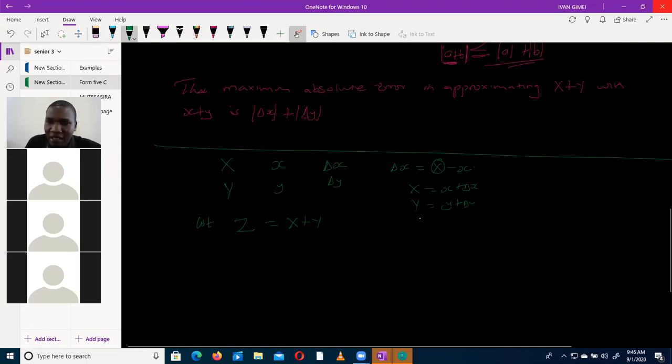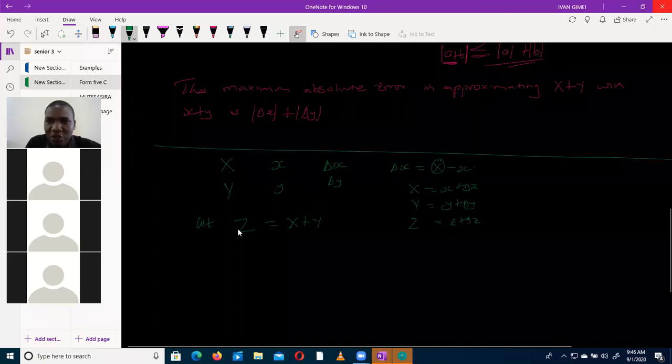Then even z that I've introduced, my exact z will be the same as approximate value of z plus the error made in z. But also here, the exact value of z will be the same as the exact value of x plus the exact value of y. Then the approximate value of z will be the same as the approximate value of x plus the approximate value of y, like that. So here, I'm looking for the error made in this sum.